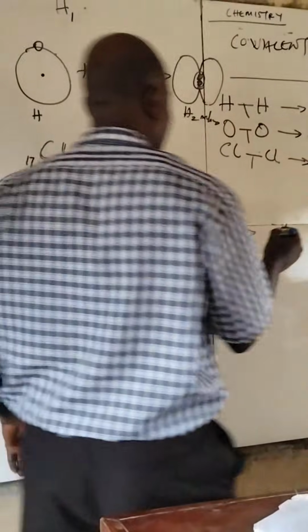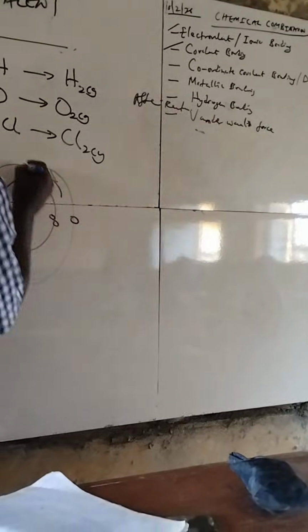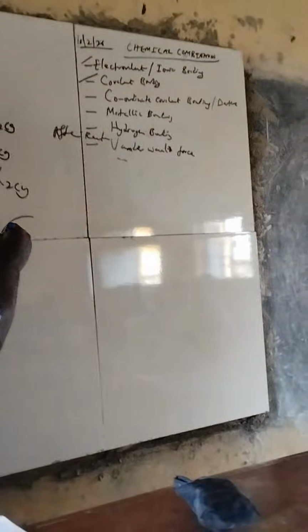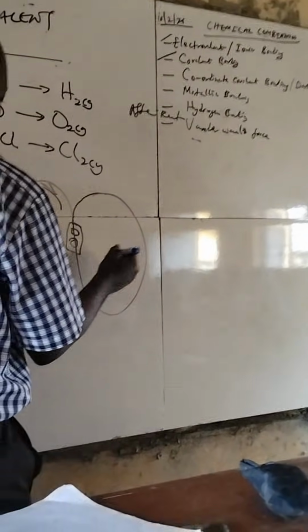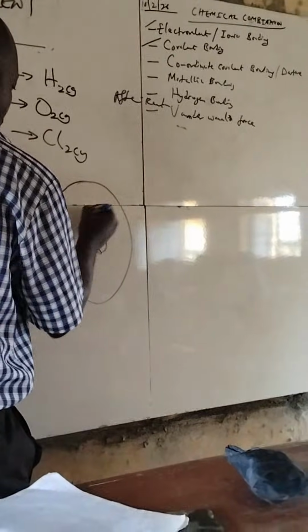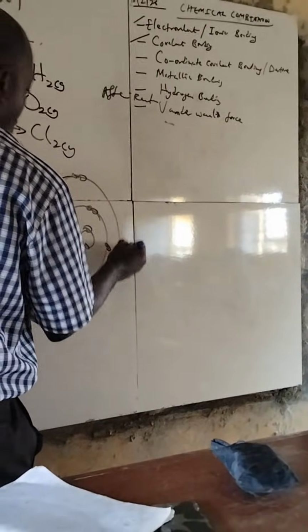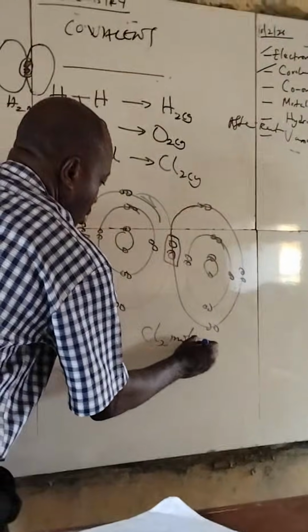So the product will be, so this is the formation of what? Chlorine molecule or chlorine gas.